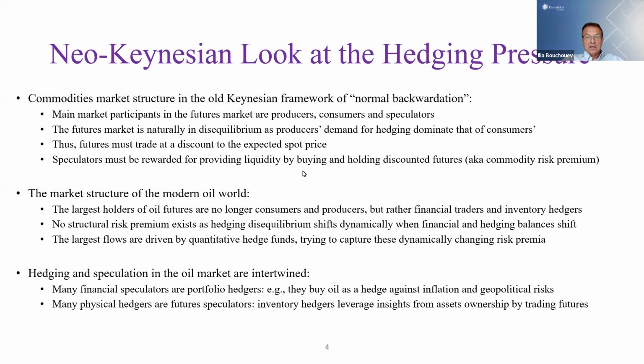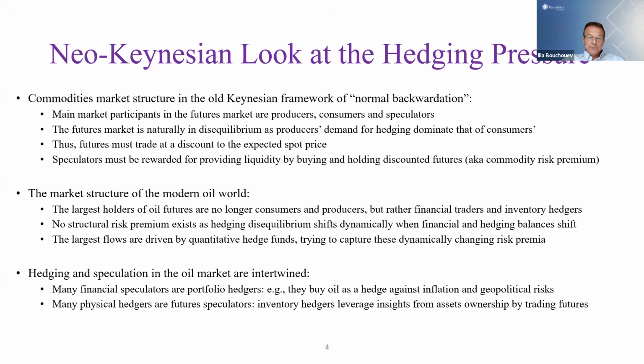Another complication in the modern oil market is that, unlike many other commodities, hedging and speculation in the oil futures markets are very intertwined. One can actually look at financial speculators as hedgers because they are hedging their risks of inflation and geopolitical risk in their broader financial portfolio of bonds and stocks.